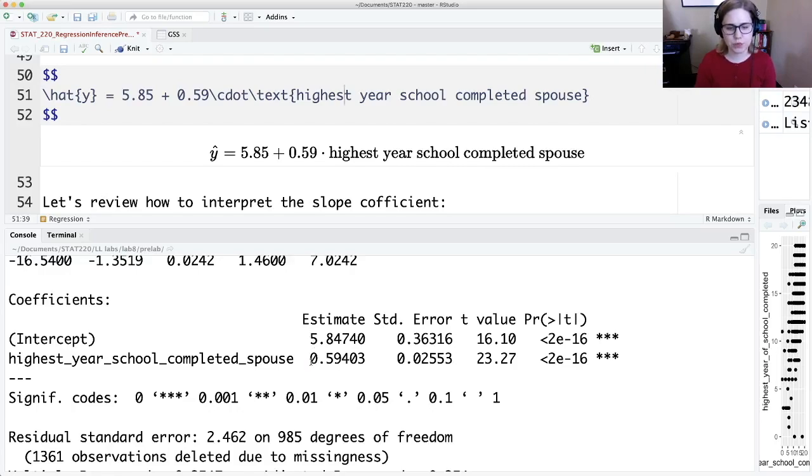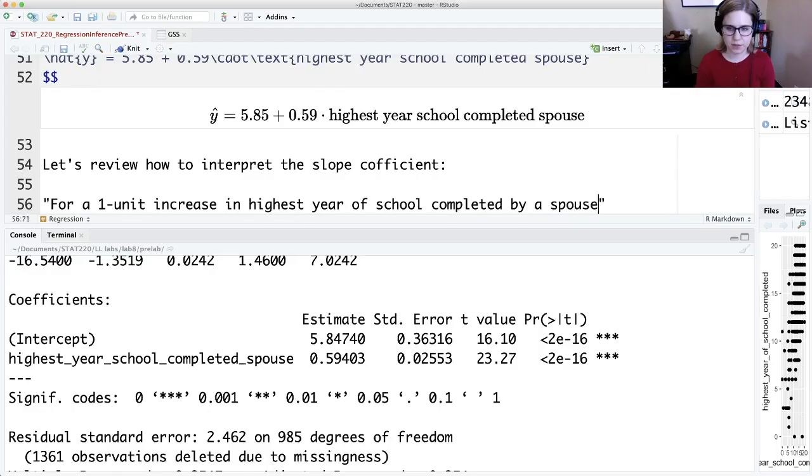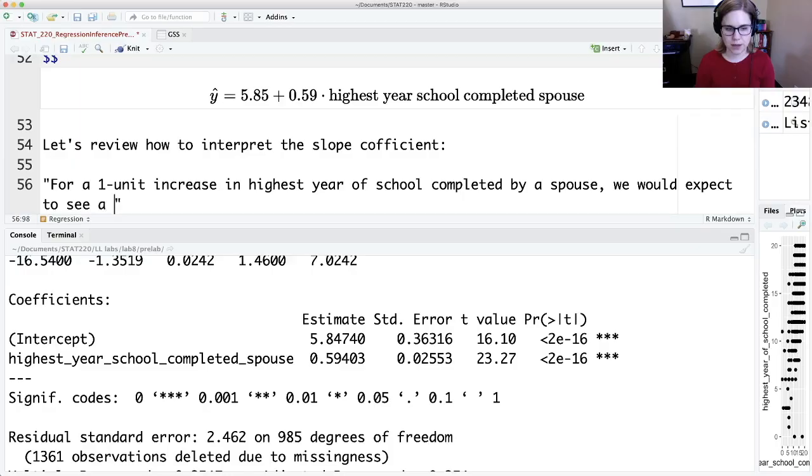And then we should just review how you interpret that slope value, the 0.59. I usually say for a 1 unit increase in the explanatory variable, highest year of school completed by a spouse, we would expect to see a 0.59 unit, and then it'll either be an increase or a decrease. It's an increase in this case because our coefficient is positive.